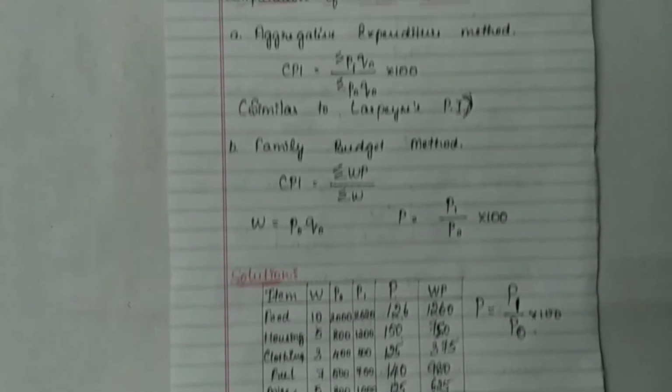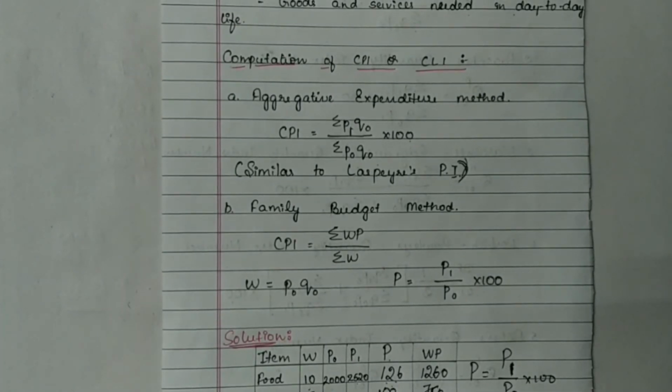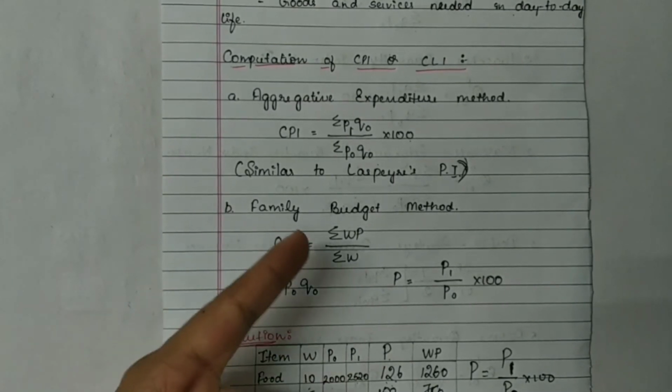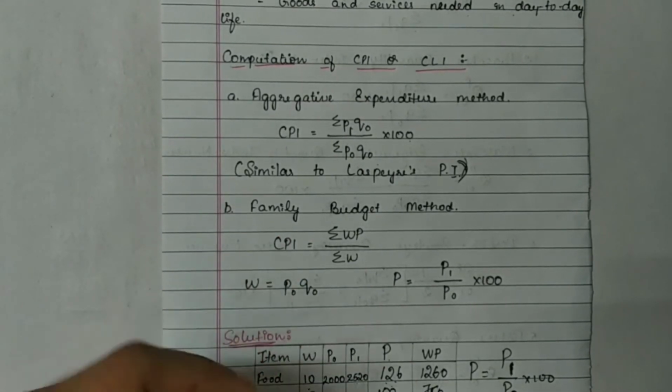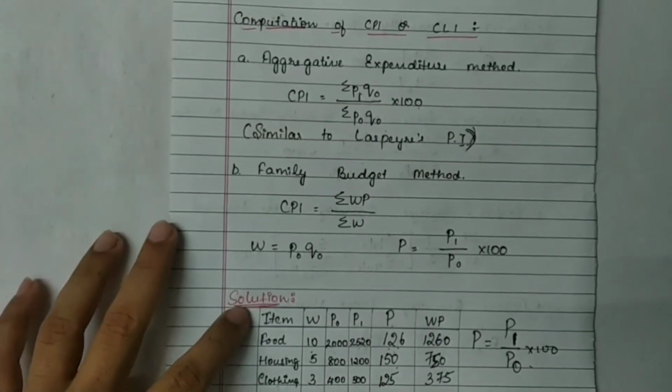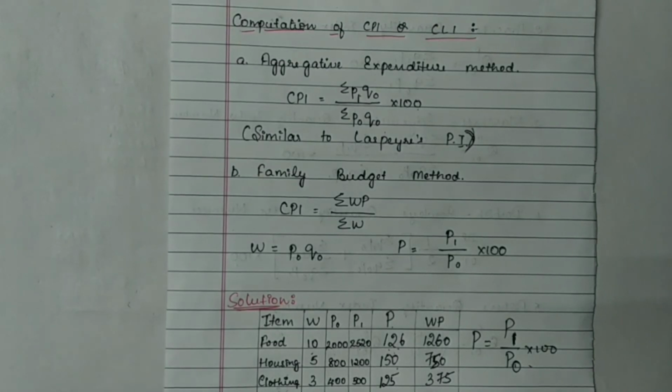We had two types, that is the aggregative expenditure method and the family budget method. Aggregative was similar to Laspeyres price index number, and for family budget we had a separate formula and we also calculated that, isn't it? So in the next session we will be studying tests for adequacy of index numbers. Thank you.